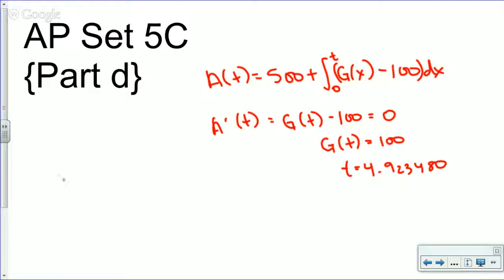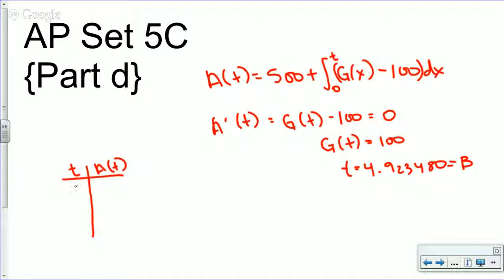There's only one place, so that makes our table not too bad to construct. So I'm going to look at my times, and I'm also going to look at my amounts because I want to know when my amount is greatest. So I want to consider this 4.923480. I'm just going to call that B, since we already used the letter A.